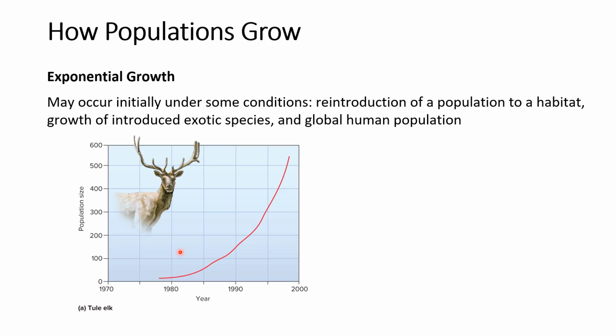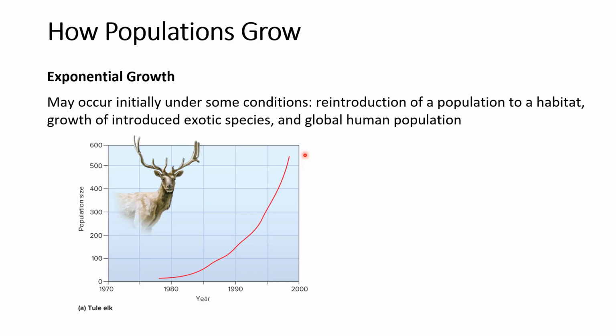They had no predators, and there was plenty of vegetation for them to feed on. In fact, the elk population grew so rapidly that they started to decimate the tree populations. A lot of the plant vegetation was disappearing to the point where even rivers were eroding and becoming polluted with sediment. So that is an example of exponential growth.